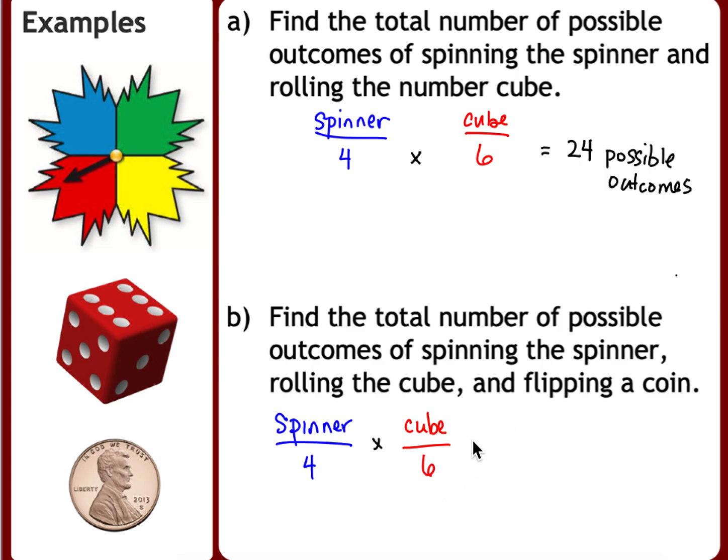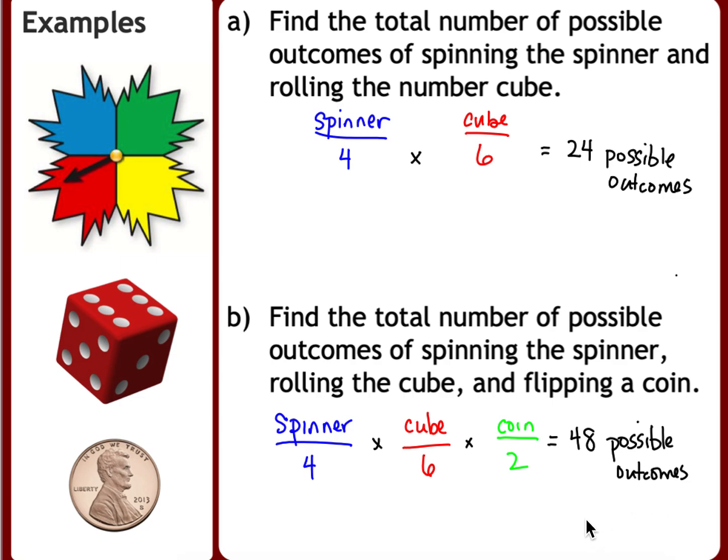And then finally, the coin has 2 possible outcomes. So if we multiply all those together, we have a total of 48 possible outcomes for these 3 events happening sequentially.